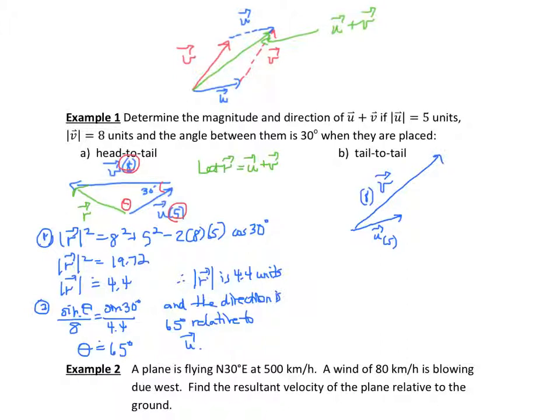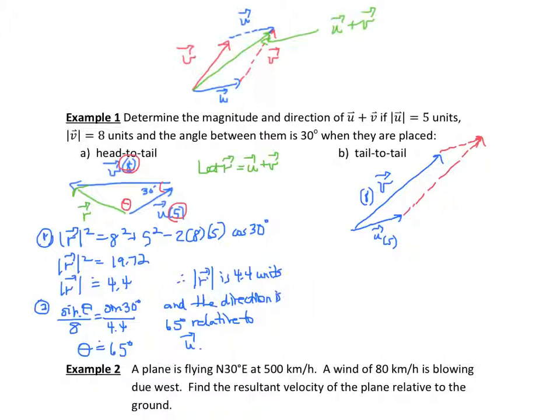So now in order to find the magnitude of that resultant, this is where we would need to slide vector v over here to the end. Okay, and this would be vector u.